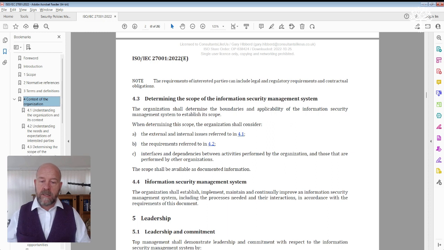Information security management system: the organization, that's you, shall establish, implement, maintain, and continually improve an information security management system, including the processes needed and their interactions in accordance with the requirements of this document.